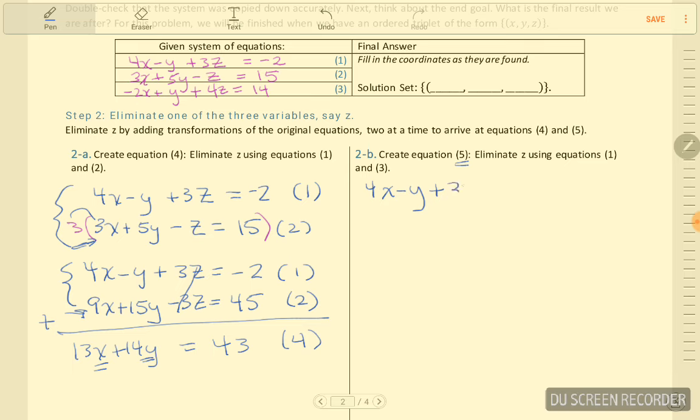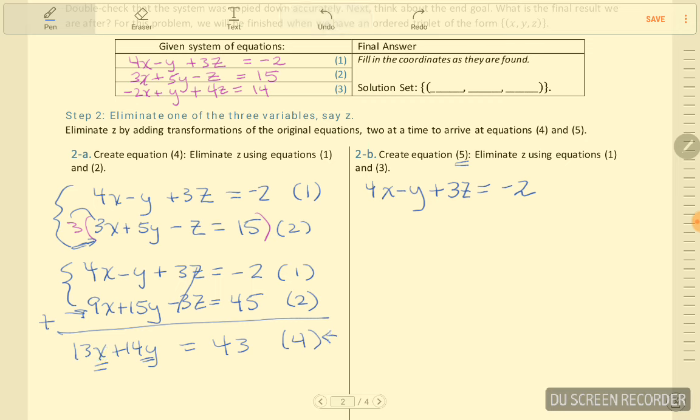You could choose any 2 equations. You could eliminate any variable, but I'm eliminating z again because whatever you do on the first step to get the fourth equation, you're shooting for a fifth equation that also has only x and y in it. So now we are stuck with eliminating z on the second step.